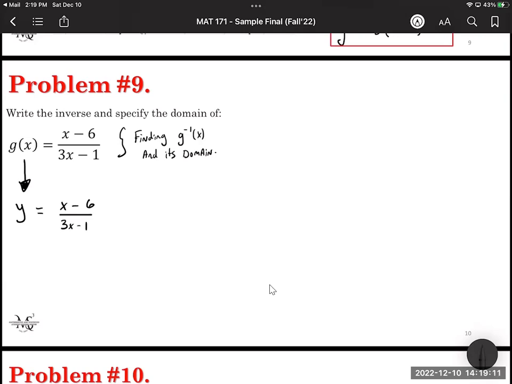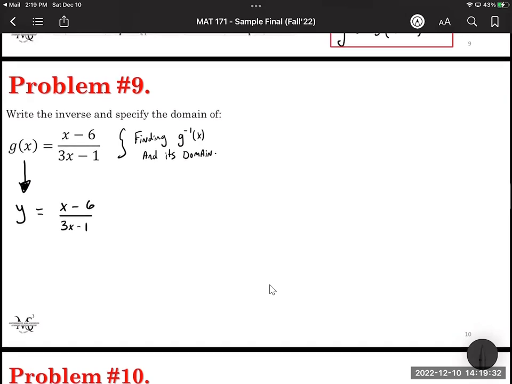That should give you 1 point. Another point you should get is: what do I do after this? You switch y and x. That's right. Wherever you have a y, you replace it with an x. Wherever you have an x, replace it with y.